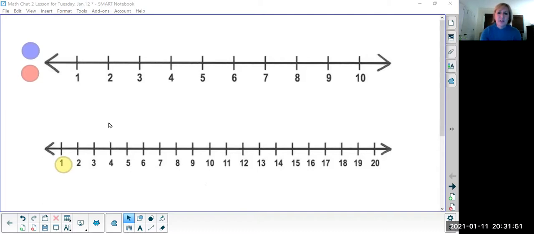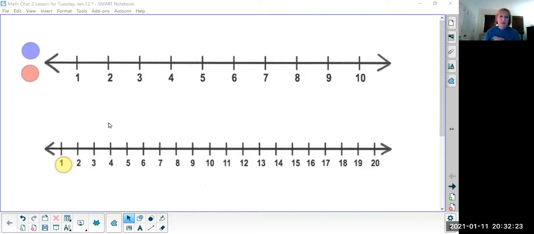You could have put more down at the bottom, and you could have the equation 2, that's this part, plus, how many are down here? 1, 2, 3, 4, 5, 6, 7, 8. 2 plus 8. And that would also equal the whole of 10 snowmen.